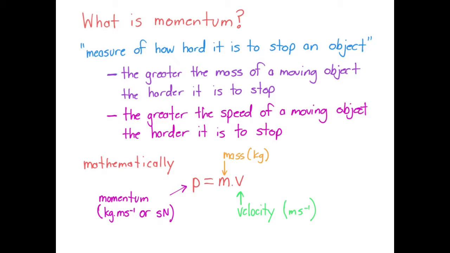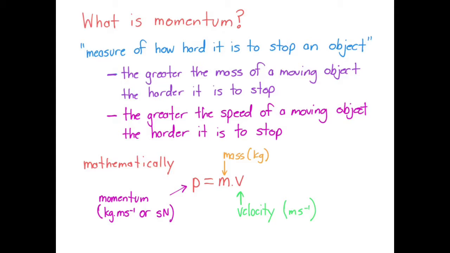So if we think about that mathematically, momentum, we give momentum the symbol P. M had been used for too many other things. The units for momentum are either kilograms meters per second or newton seconds. I think as we go on, you'll see why we use newton seconds. But both of these units are acceptable and they are equivalent to each other.